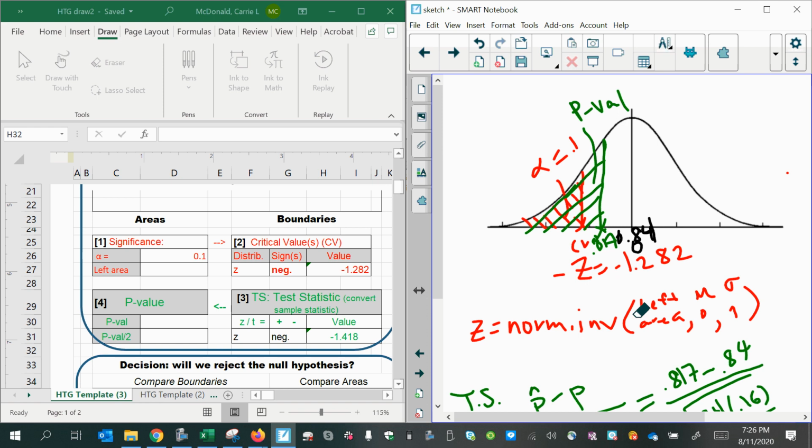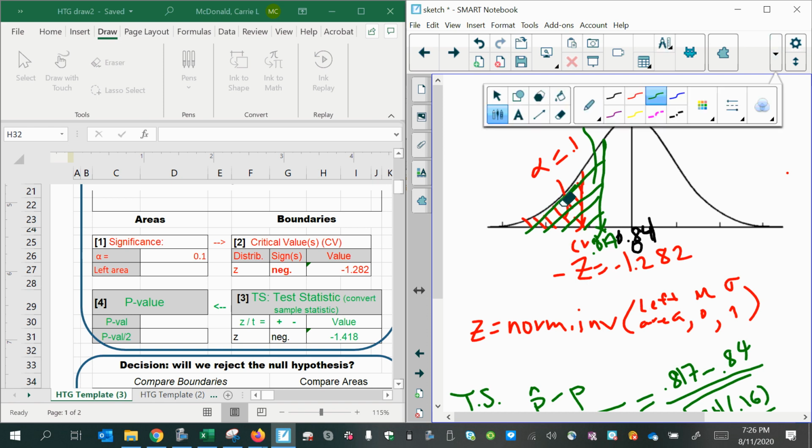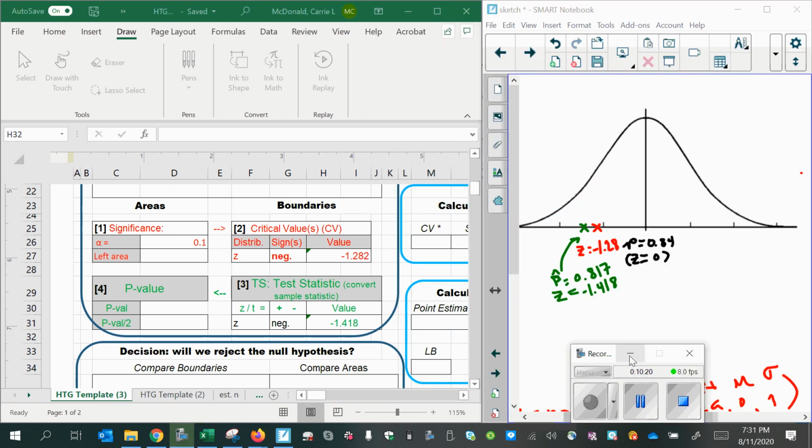So my sketch now will make more sense if I make it a little neater. Let me pause and fix it up for you so we don't waste video time. Okay, so now you can see my population proportion of 0.84, if the null hypothesis is true, would have a z-score of 0 right in the center.